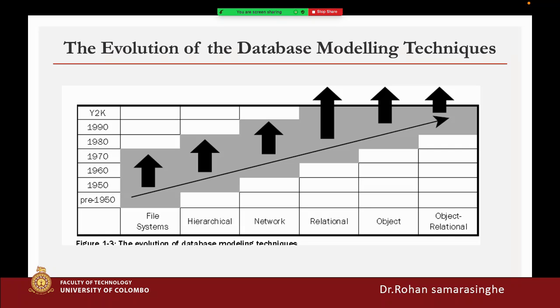When you consider these modeling techniques, first of all, the file systems were introduced. They were used from the 1950s to the 1970s. In the file systems, all the data was stored in files. When the file system was being used, there were some difficulties in handling the data in the files.